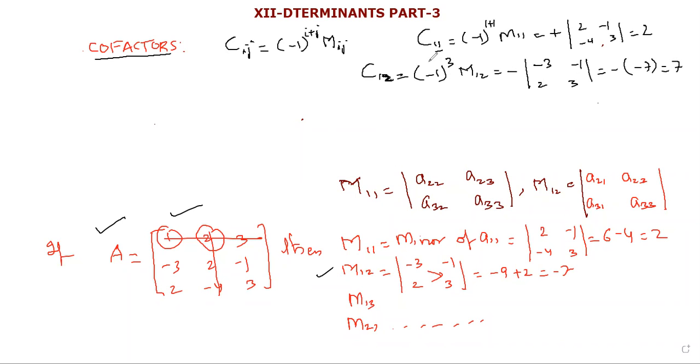So that means if it is an odd number, then the sign will change. If the minor you are getting is minus 7, then the cofactor will be 7. The sign will be changed.